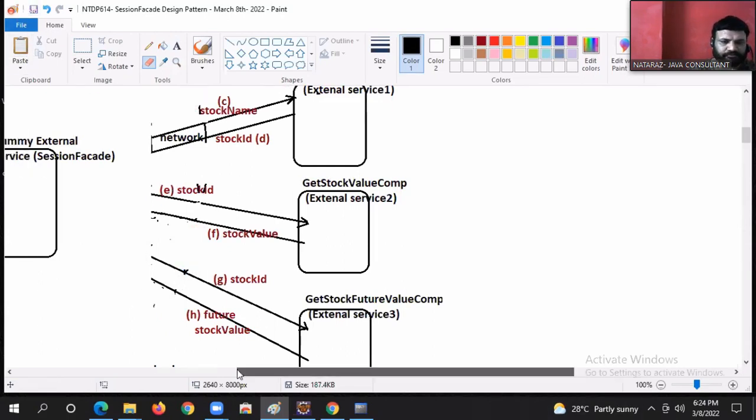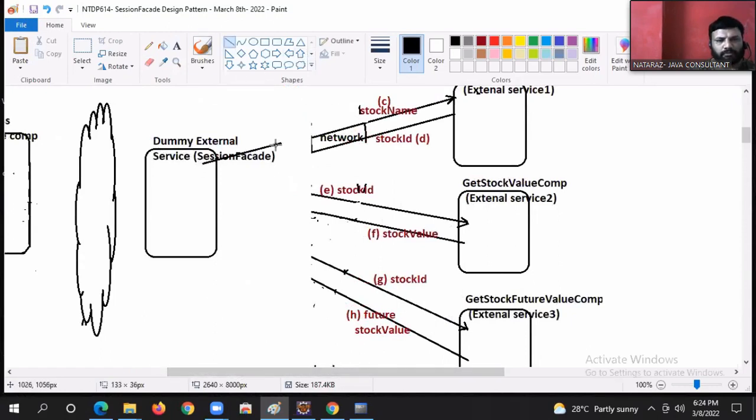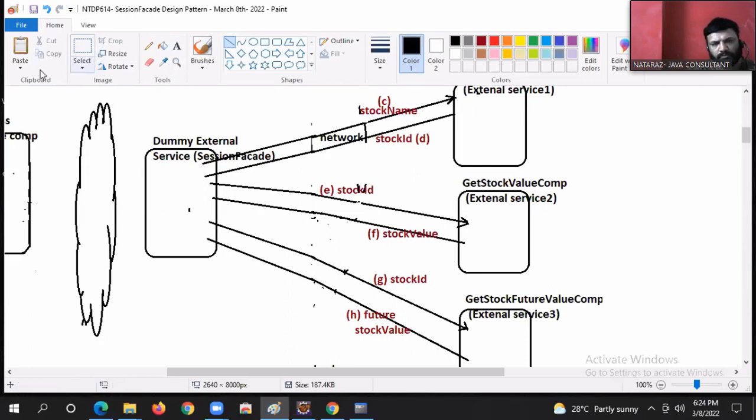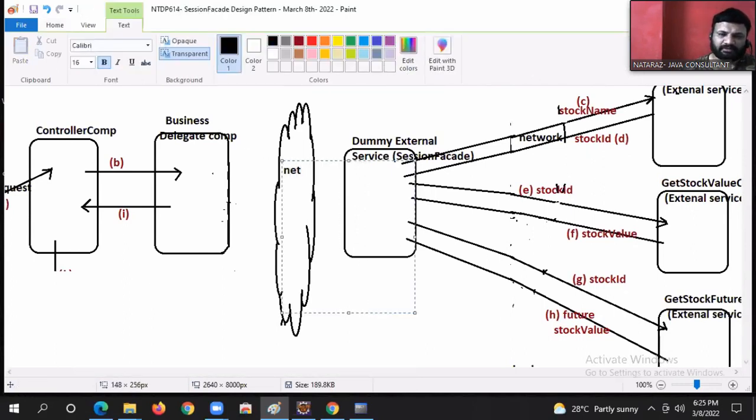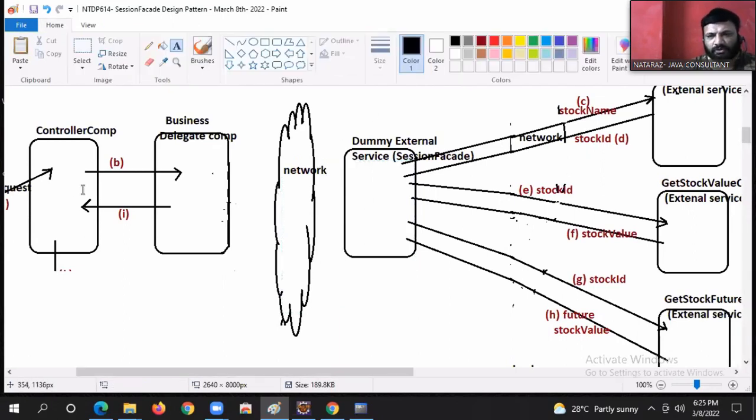Done, boss. Here is my network, guys. Okay.